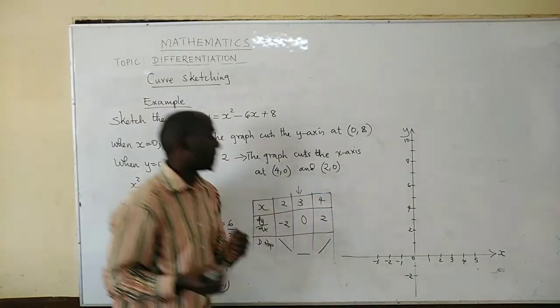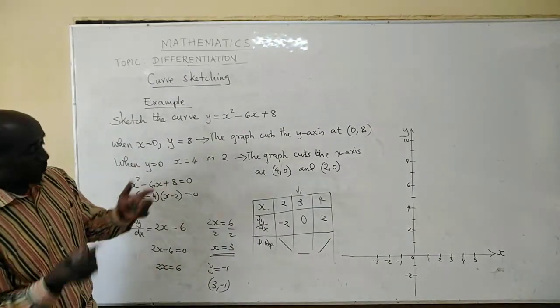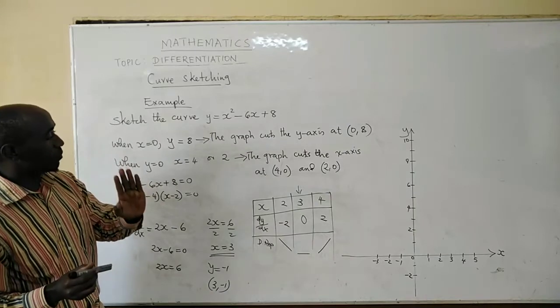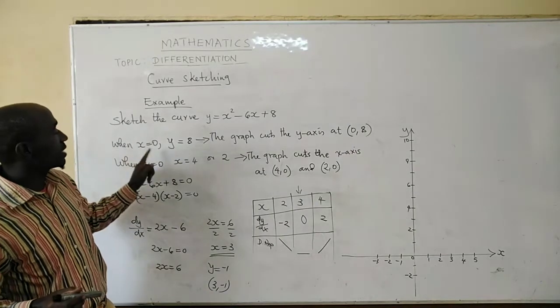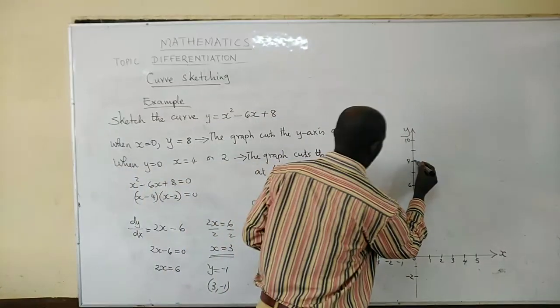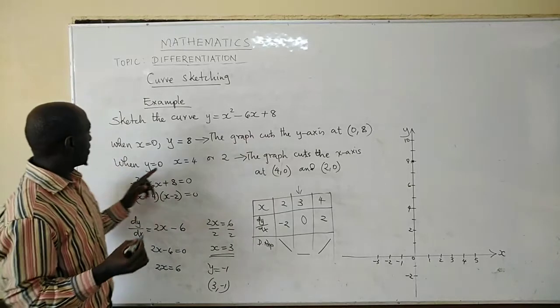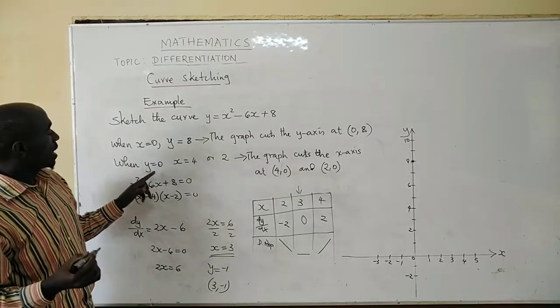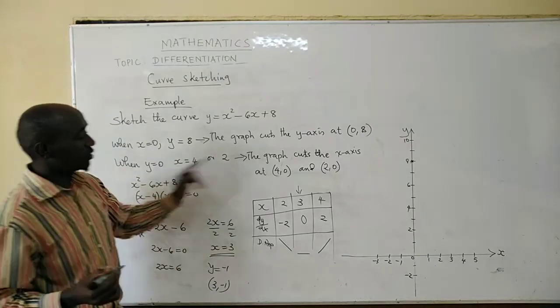We have 0 there. Now, let us at least plot those very important points. Starting with the first one, the graph cuts the y-axis at (0, 8). So the graph must pass through that point. At y equal to 0, the graph cuts the x-axis at 4 and 2.